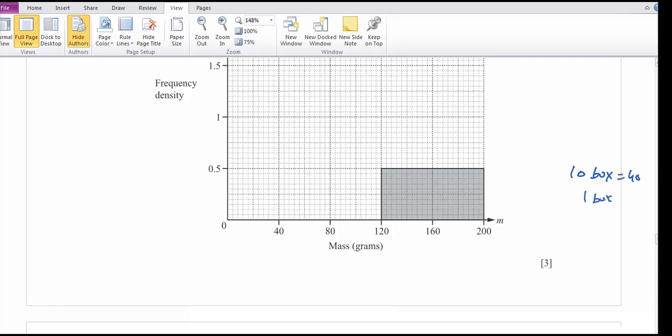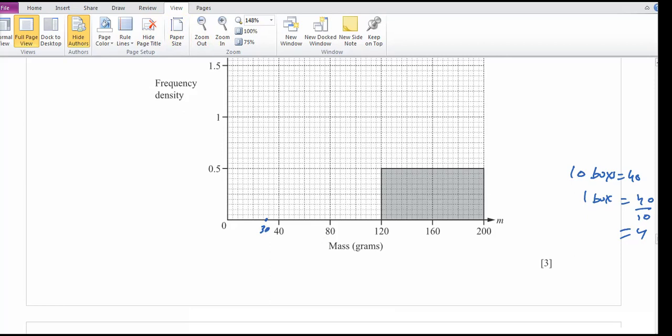So one box is equal to 40 over 10, which is 4. Each box is 4. It means this is 4, 8, 12, 16, 20, this one is 24, 28, and 30. 30 will be approximately here. This is 30. From 30 to 80.